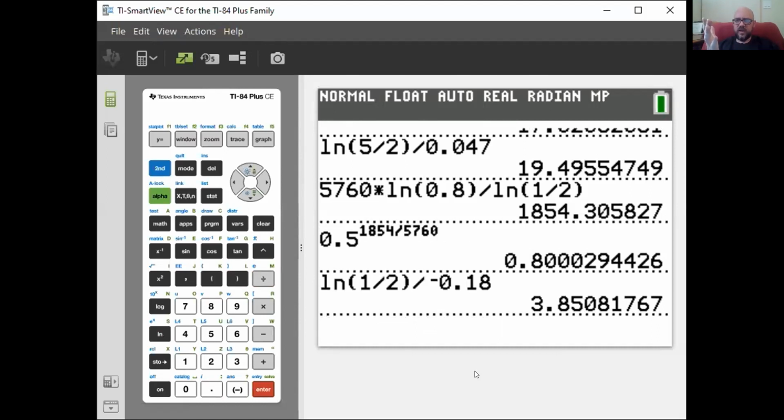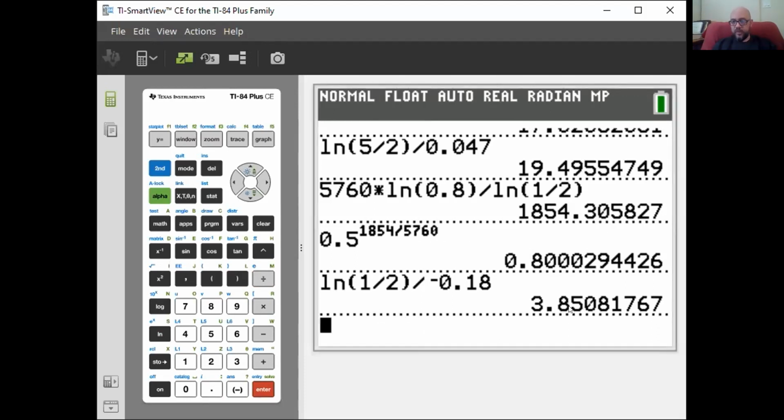I got the natural log of a half, and I'm dividing it by a negative number. Why is it positive? The answer is the natural log of a half is negative. You have to raise e to a negative power to get something smaller than 1. So when you take the natural log, or any log, of a number that's smaller than 1, you always get a negative. So this ends up working out just like we'd want it to. So about 3.85 years.